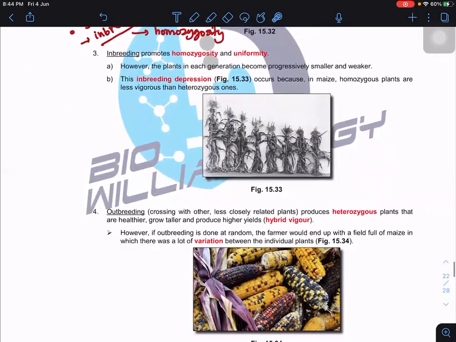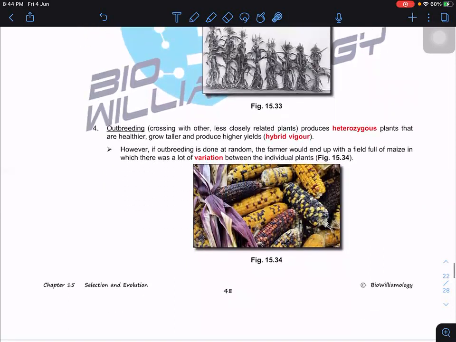Now, in order to let them be more adaptable to the environment, we can allow them to outbreed. But uncontrolled outbreeding will give us heterozygosity, give us hybrid vigour, an increase in variation, but you won't be able to sell it because of the different harvesting times. This kind of product won't cause the consumer to buy, right? Can you see that?